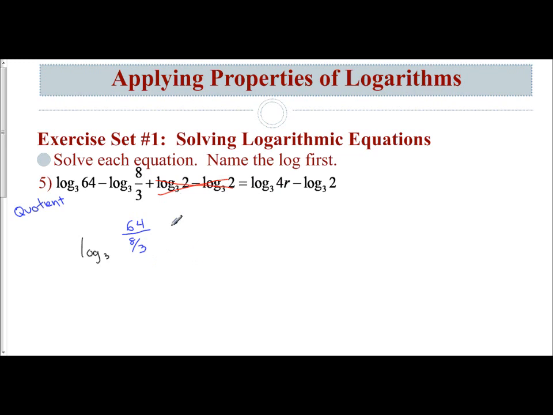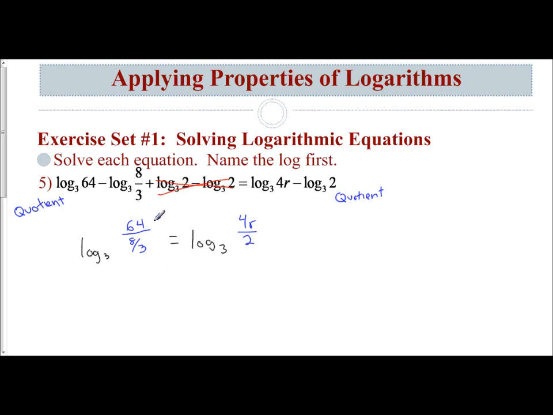On the right side, I am subtracting again, which again means I'm applying my quotient rule. So to combine these two expressions together, I am going to divide 4r by 2. And let's go from there.